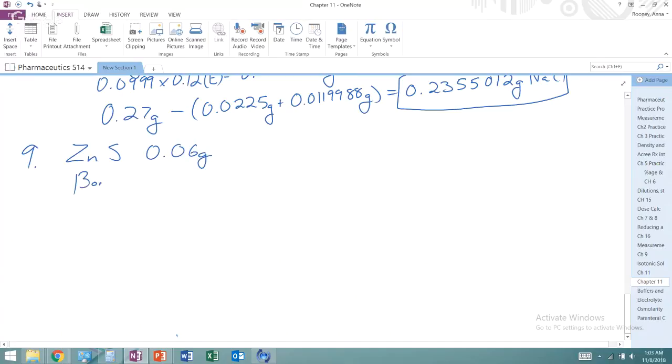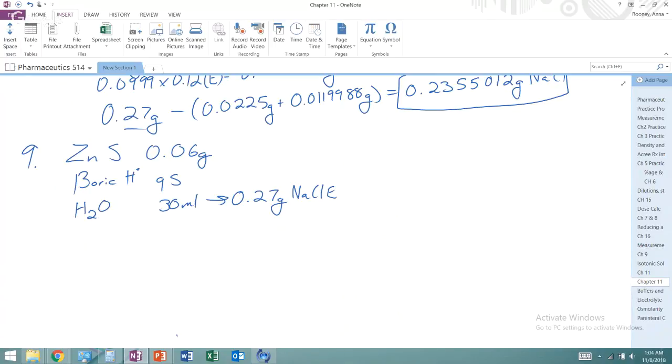So boric acid, QS, and then our water, 30 milliliters. So we already know, because of this one too, that we need 0.27 grams of sodium chloride equivalent to get to that.